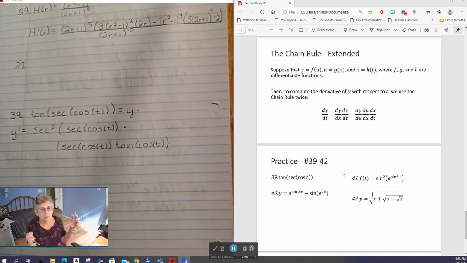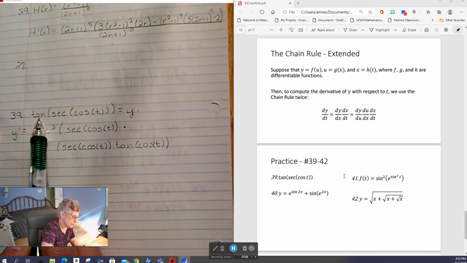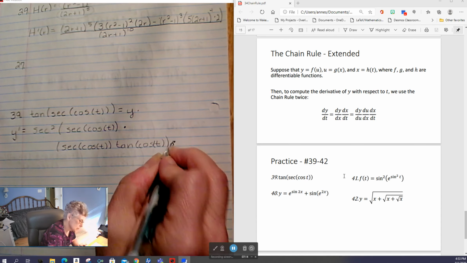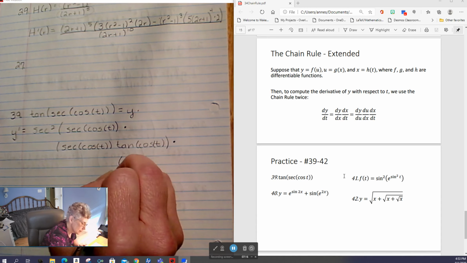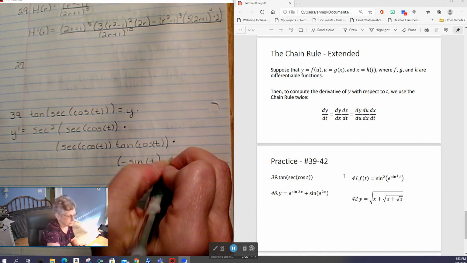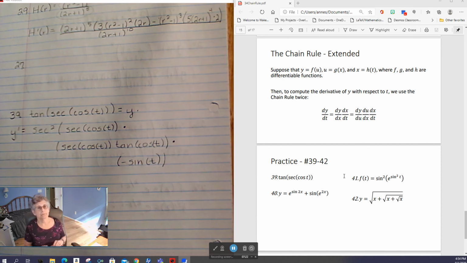So I've worked my way into secant. Now I've taken the derivative of tangent, I've taken the derivative of secant, I'm ready to take the derivative of the most inside function, which is cosine. Derivative is negative sine. So everybody gets to be differentiated. Outside to inside.